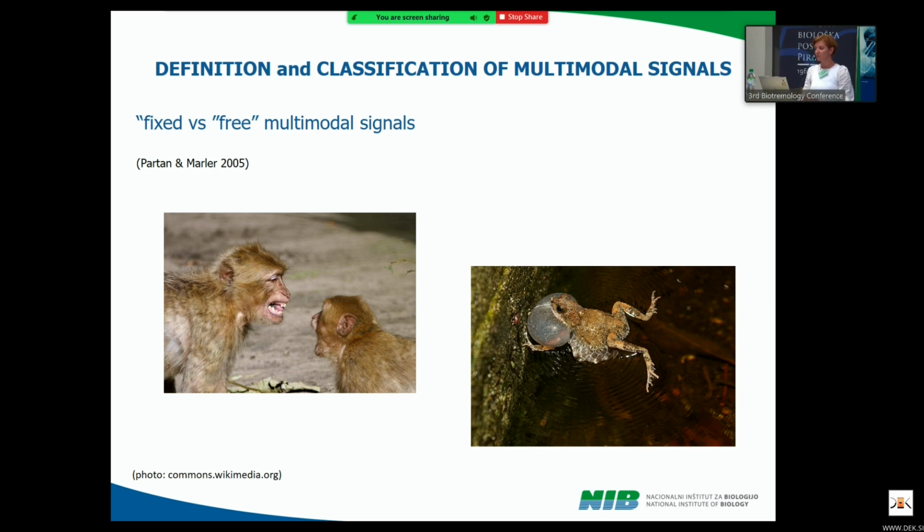But multimodal signals can be classified as fixed or as free multimodal signals. In the case of fixed, as is common, for example, in primates and in frogs, during vocalization they also produce inherently connected and conspicuous visual signals, such as moving of the mouth, the lips, and in the case of the frogs,Exciting their vocal sac.